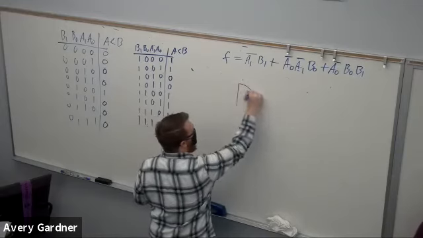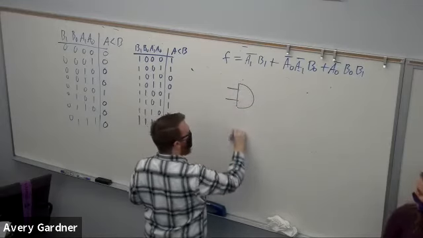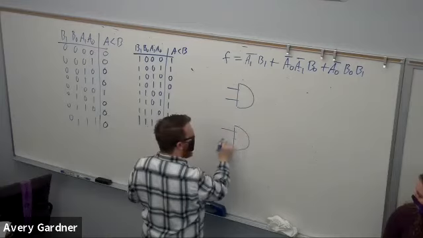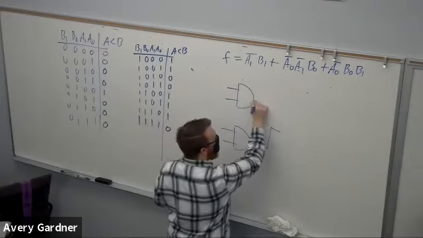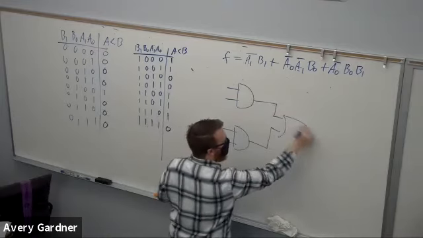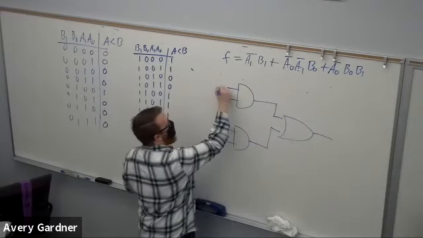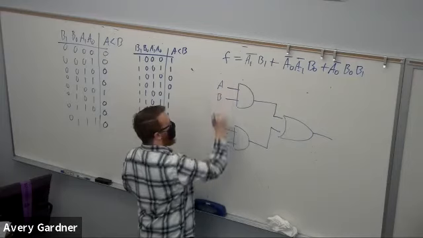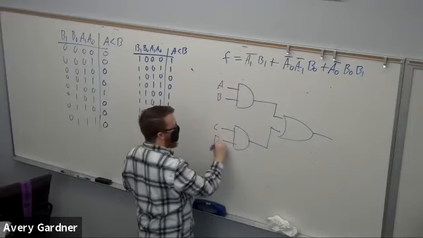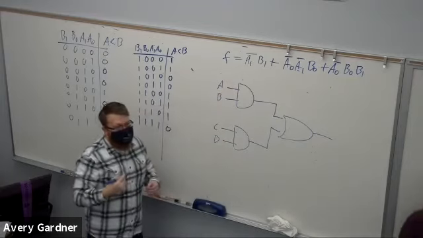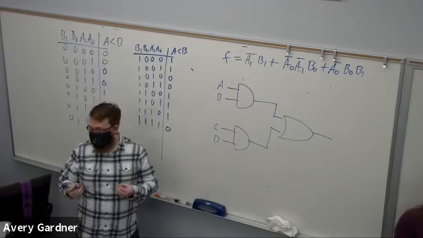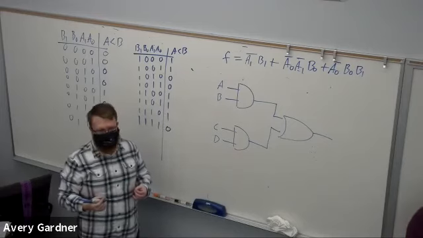So if I have a circuit like so, okay, and I'll just call this A, B, C, D. All right, so as I said, it's the number of inputs plus the number of gates.